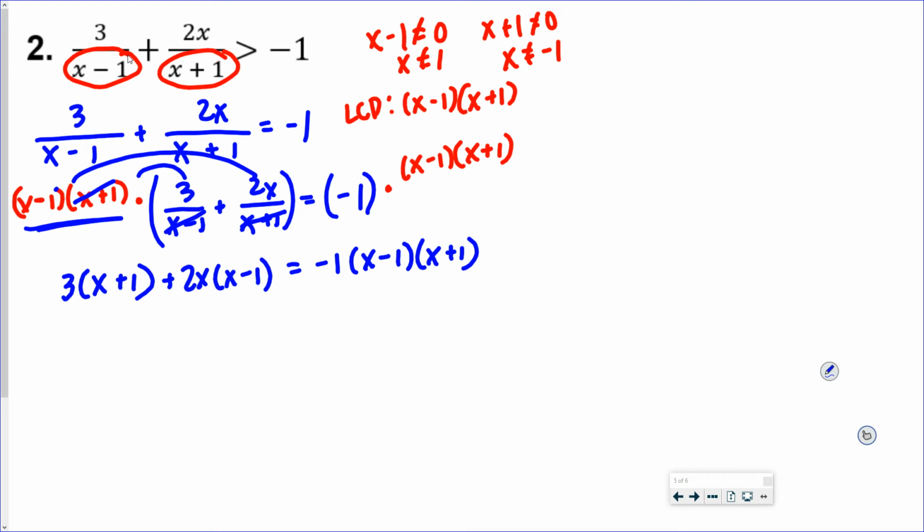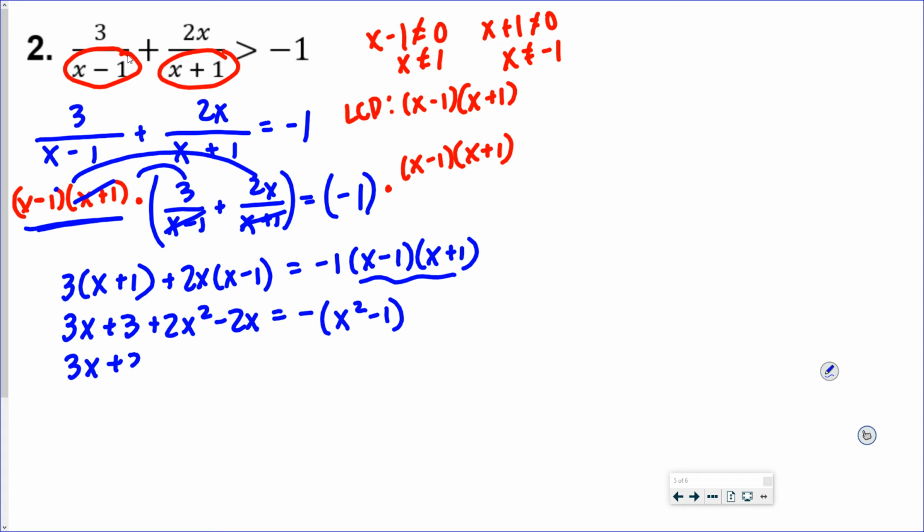Okay, let's go ahead and clean this up. 3x plus 3 plus 2x squared minus 2x equals negative. I'm going to multiply these together first. That's just x squared minus 1. With that negative out there, times negative 1, it becomes negative x squared plus 1.